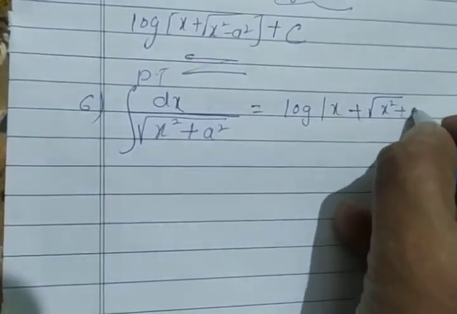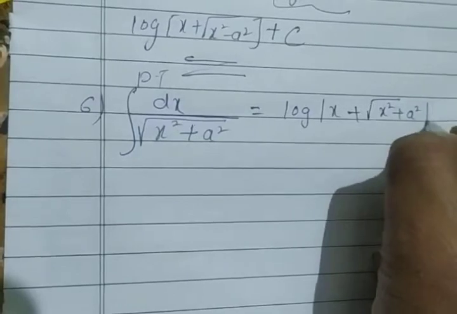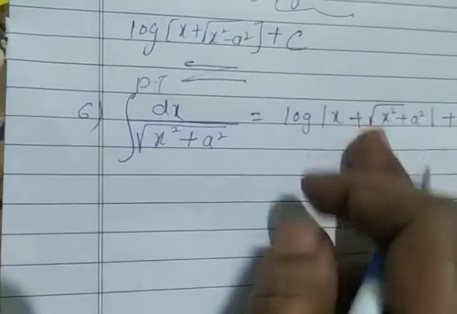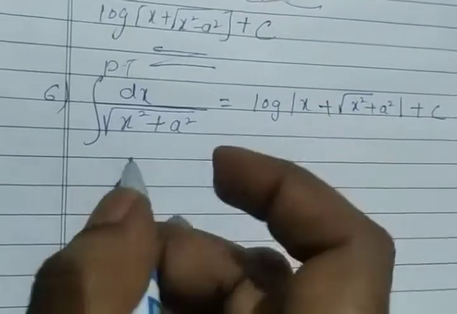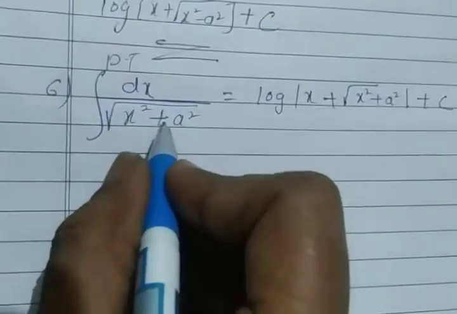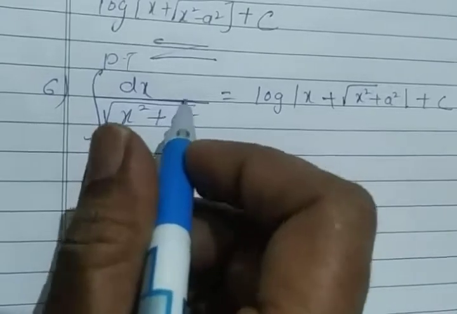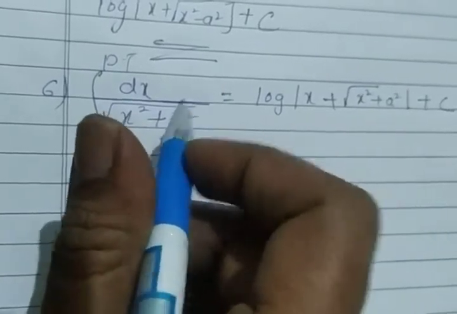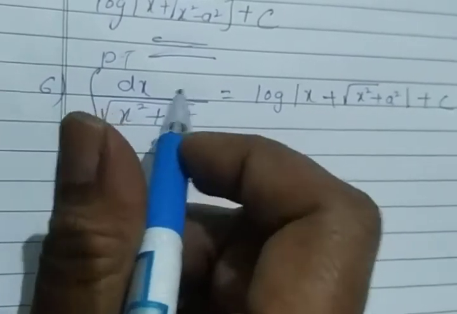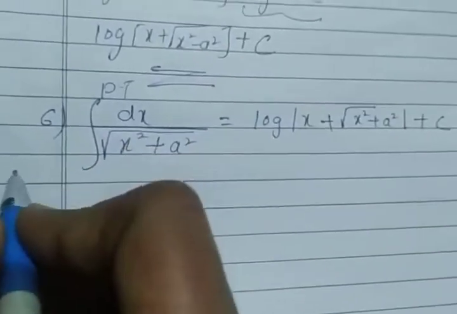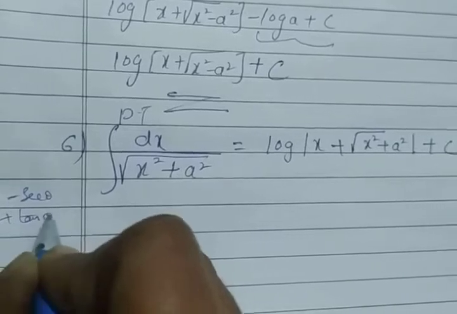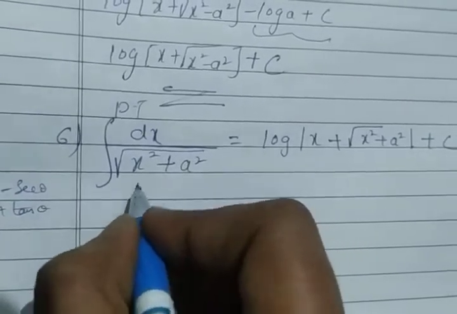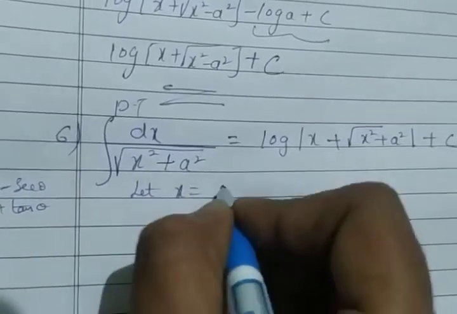Sometimes they may give the formula or they may just ask to find the integral, children. You have to learn both the question as well as the answer. If plus is there, we have to take a tan theta. If minus is there, we have to take a secant theta. You remember that: for minus, secant; for plus, tan.